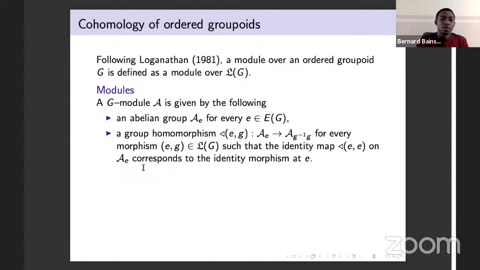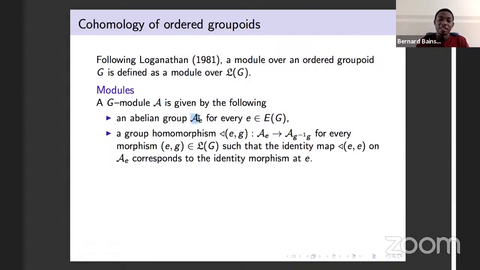So this is what we mean. To talk about the cohomology, some of the ingredients that we need is a module. So we will say that a module over an ordered groupoid G, which we will denote by the curly A, is just an ordered functor from G into the category of abelian groups. So what this means is that this module associates to the identities in your ordered groupoid some abelian groups.